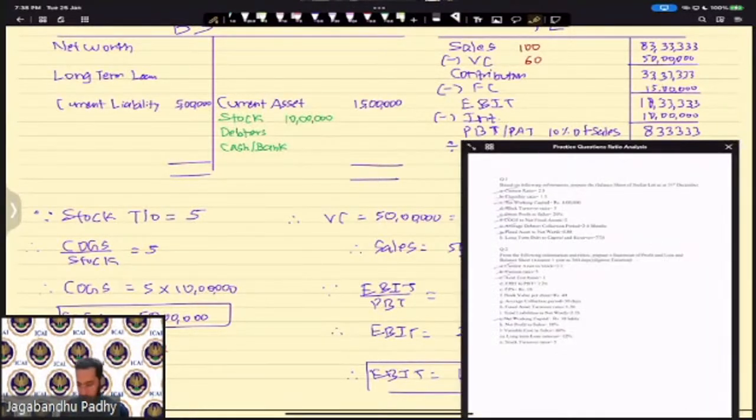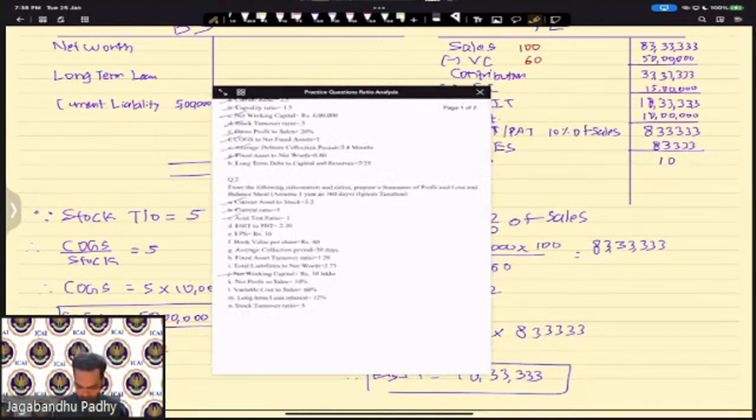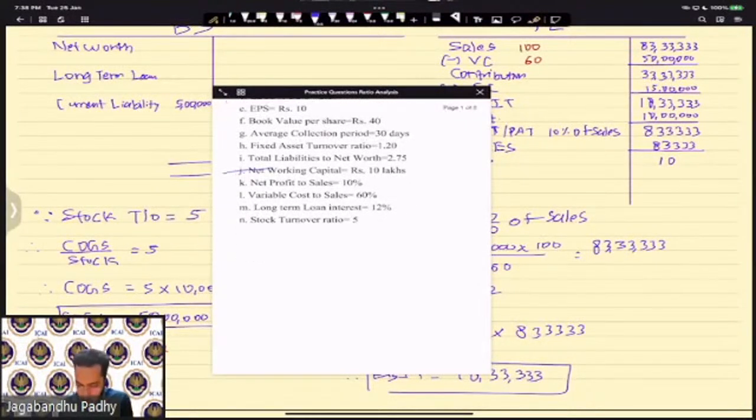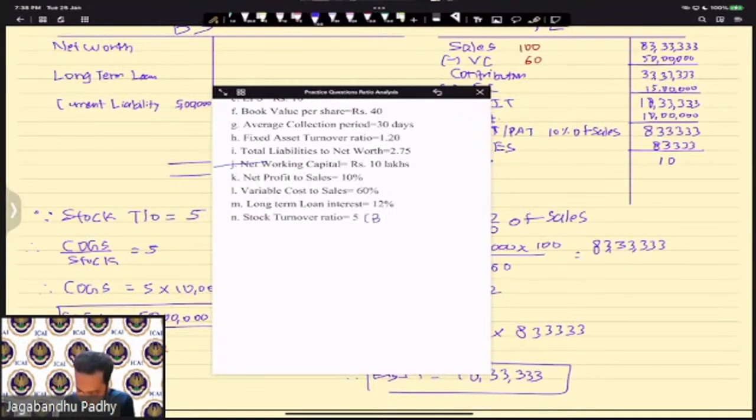There's a small thing in this question. Actually, the stock turnover ratio of 5, this is based on sales guys. So therefore we were somewhere not getting the matching values. Just take a note of it. This is based on sales.